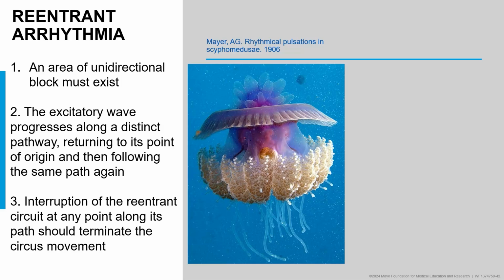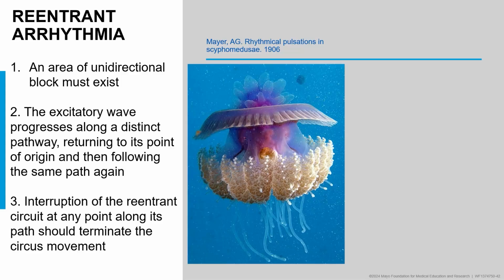You can think of jellyfish as a floating syncytium of heart muscle out there in the oceans, but essentially illustrating that reentry in that jellyfish, where you have a circular tissue that conducts electricity, you need an area of unidirectional block, functional unidirectional block, and an excitatory wave that is going to proceed along that pathway and return to its origin. And if you interrupt that at any point, you've broken that circus movement reentry.